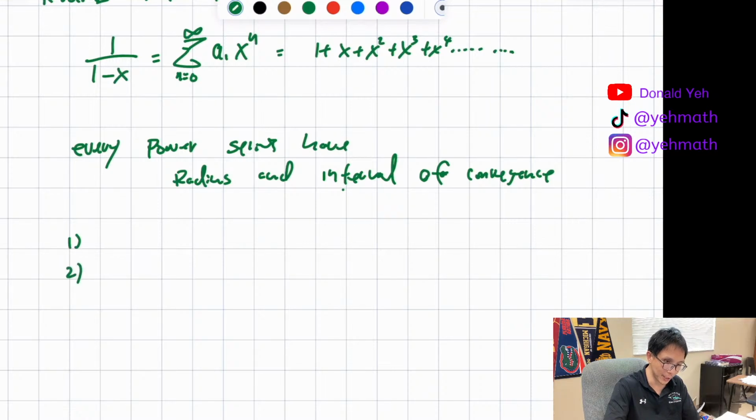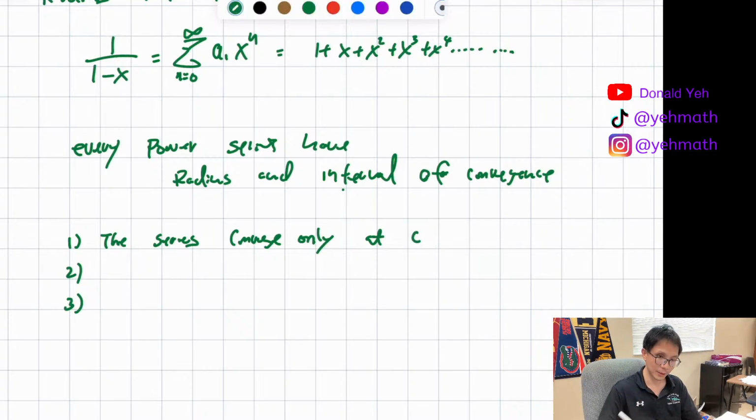The first situation is the series converges only at c, but not anywhere else. In terms of interval, it's going to look like this, a single point.